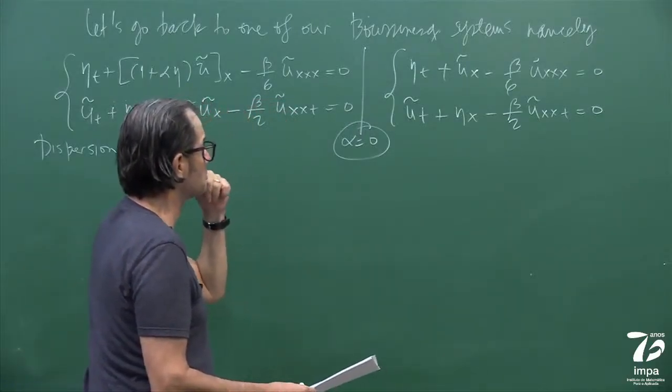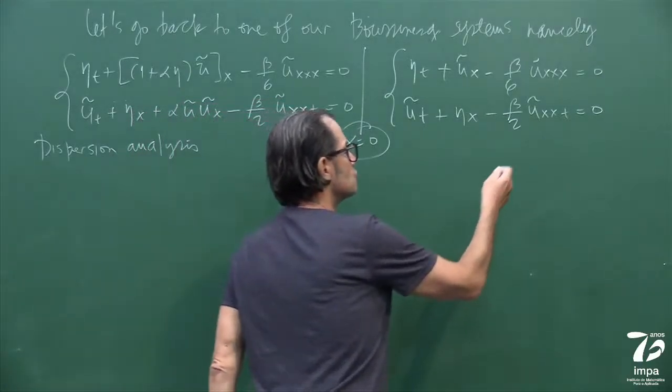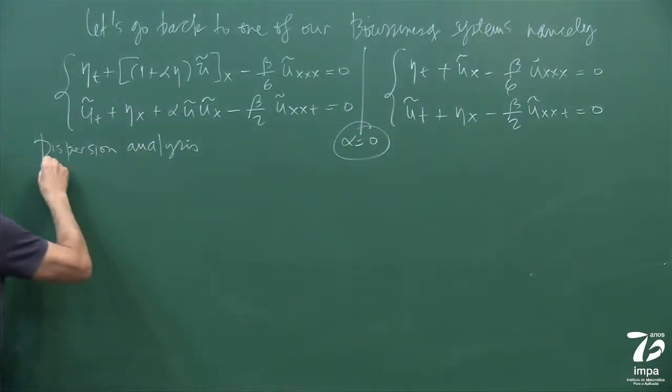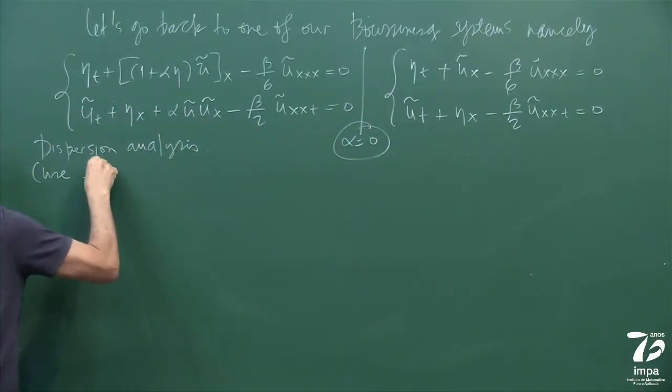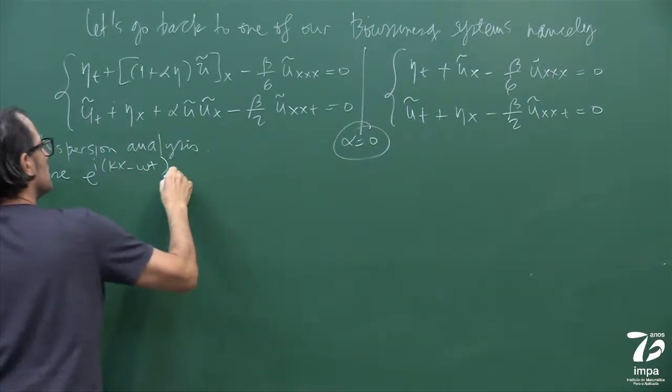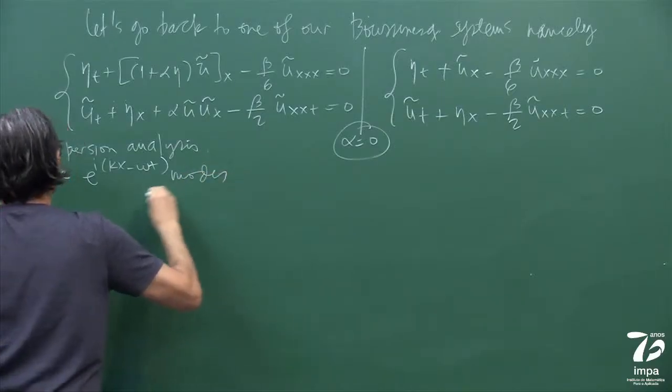Okay, so what I'm going to do is substitute modes. So using dispersion analysis, use e to the i(kx minus omega t) modes.